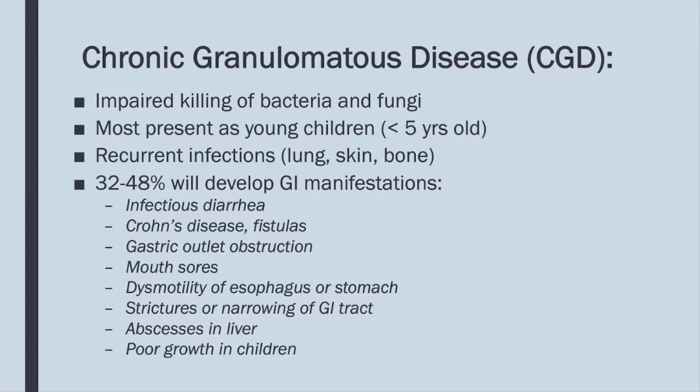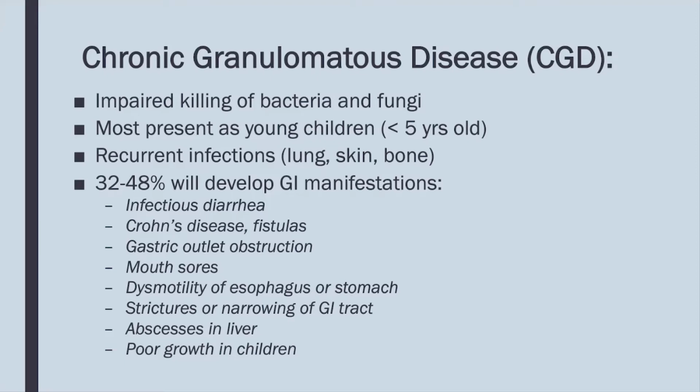Some are infectious diarrhea, like we discussed before, Crohn's disease involving fistulas, which are abnormal connections between the intestinal tracts or the intestine and other body parts like the skin. Patients with CGD can also have gastric outlet obstruction, that is a narrowing distal or beyond the stomach that results in an obstruction and vomiting.